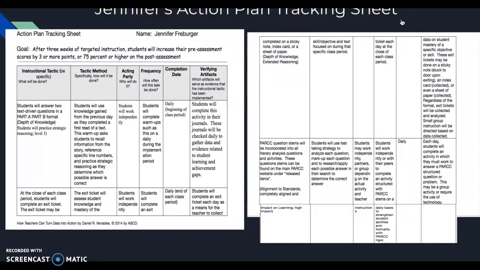Students are going to work independently on this, and then she is going to implement that daily, and it will be completed at the beginning of the class period. So she has some other instructional tactics that she's going to roll out, which are really great as we get started.